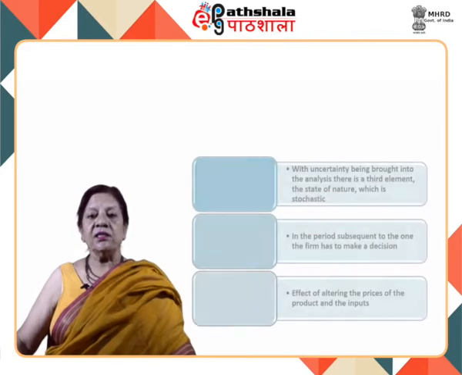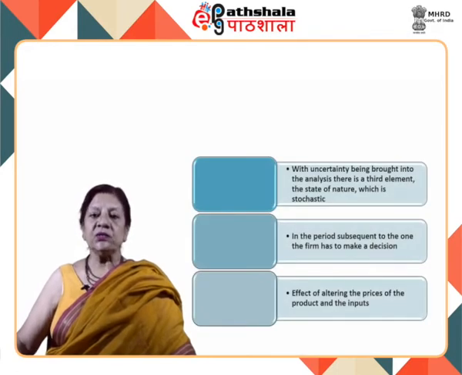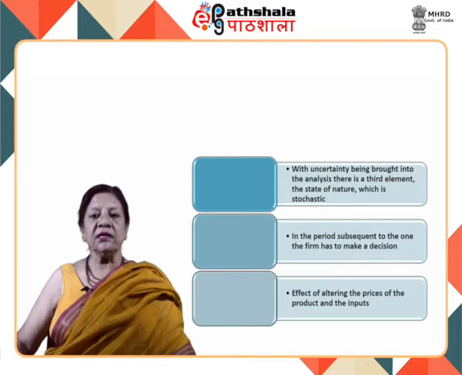With uncertainty being brought into the analysis, there is a third element, the state of nature, which is stochastic. In the period subsequent to the one in which the firm has to make a decision, it could have the effect of altering the prices of the product and the inputs in several ways depending on the state of nature that occurs.